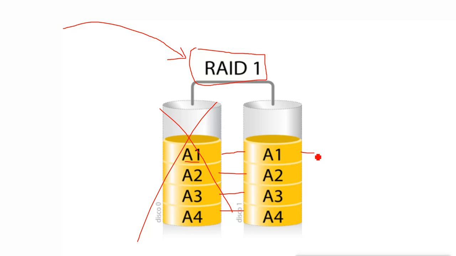If we do this level 1, what we get? We will not get the performance like stripe volume, but we get the redundancy. And one more thing we lose is half of the space. In stripe volume we get the total space.